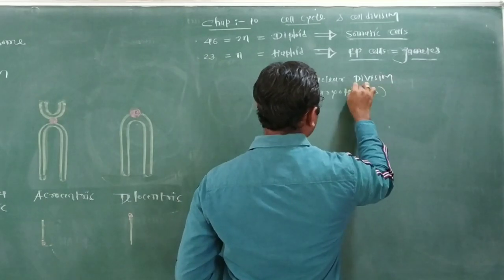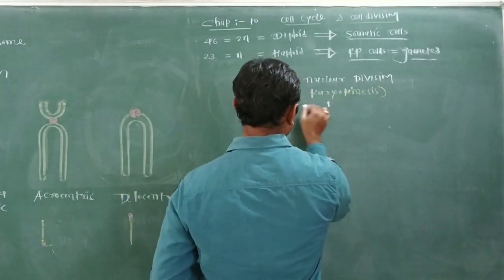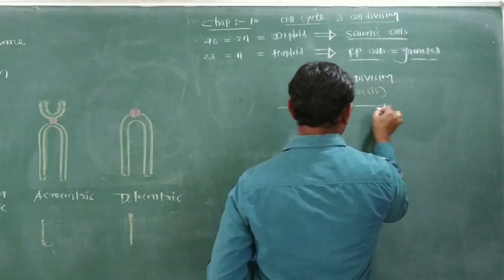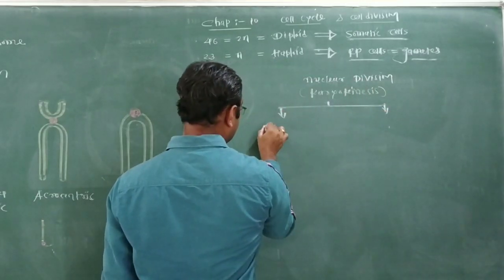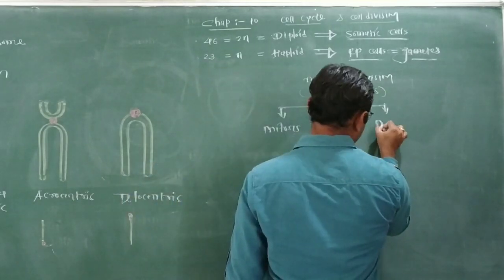With respect to karyokinesis, there are two types of cell division: one is mitosis and the second is meiosis.